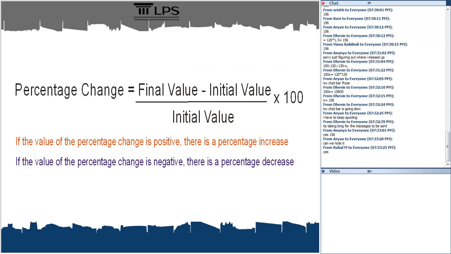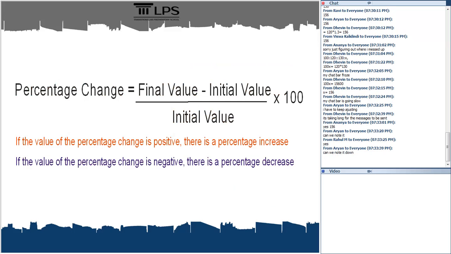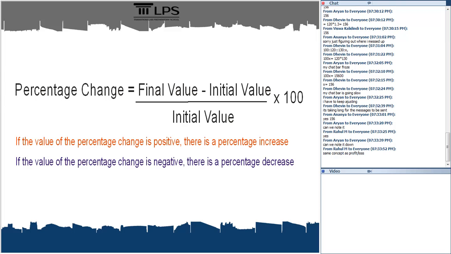If the value of the percentage change is positive, there is a percentage increase. If the value of the percentage change is negative, and that is going to happen if your initial value is going to exceed the final value. Look at the numerator. The numerator is a difference, and therefore the value which has a negative sign before it, if it exceeds the final value, that is the sign that is important and that is going to make the answer positive or negative.